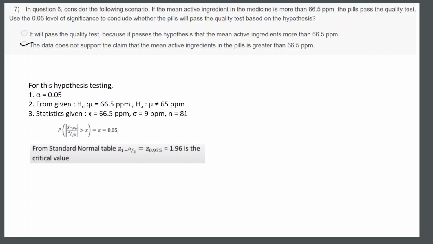Okay, here they are telling us the mean active ingredient of the medicine is 66.5, which is the specified value, and the population mean can be taken as 66.5.